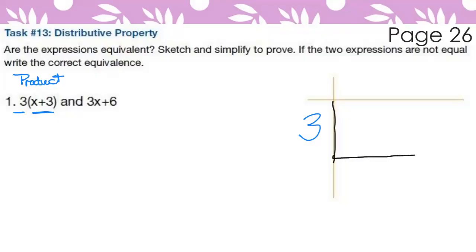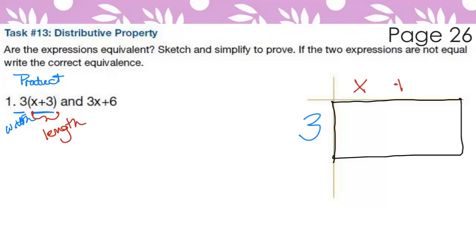So this is my larger rectangle right here. And if that is my common width, what goes on top? So this is my width. This right here is going to be my length. And this has a length of x plus 3.